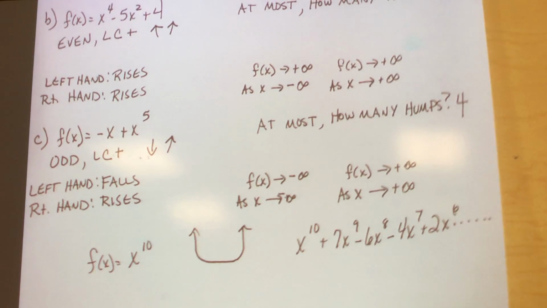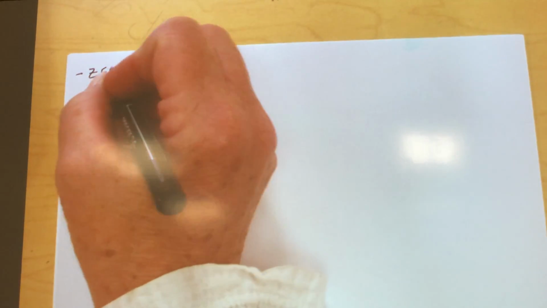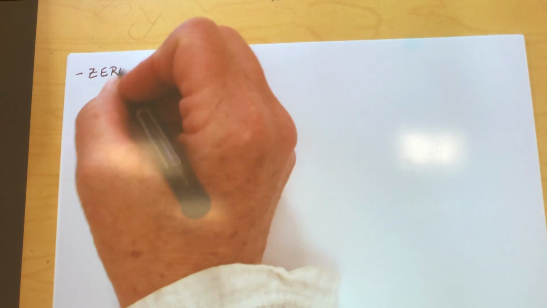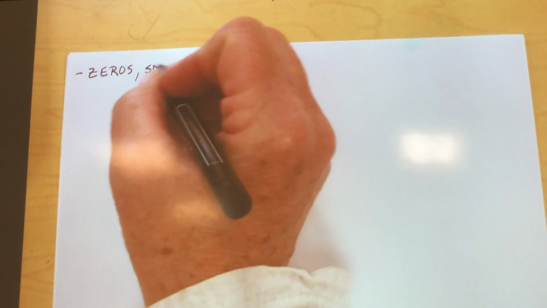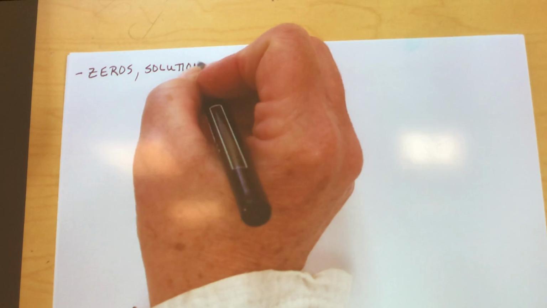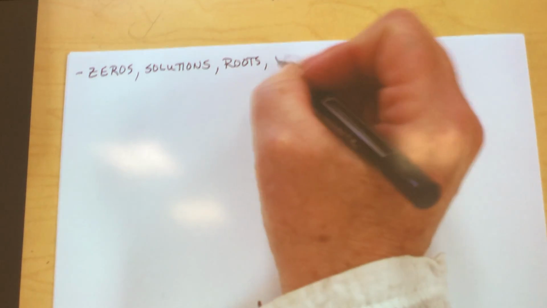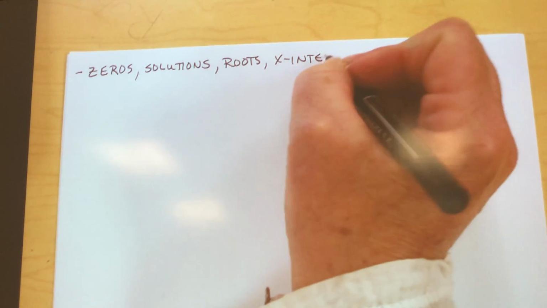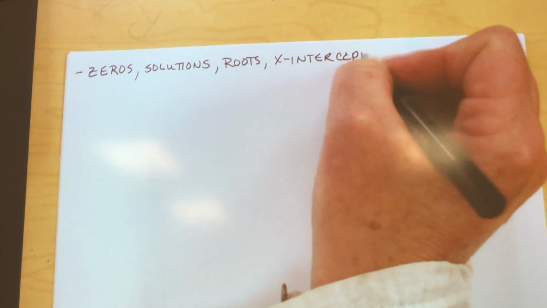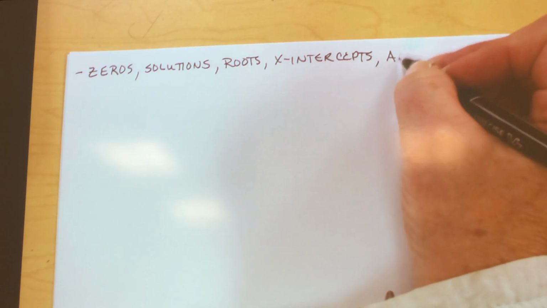All right. Everybody ready? We're kind of moving on to something else. But, I mean, we're coming back to all that information, you gotta know it. But I want to know what you know about zeros, solutions, roots, x-intercepts, and answers.